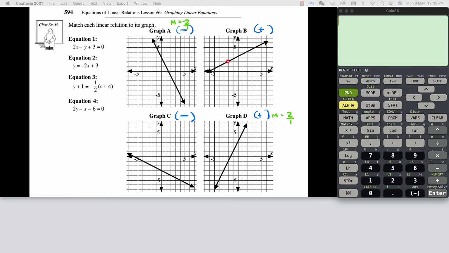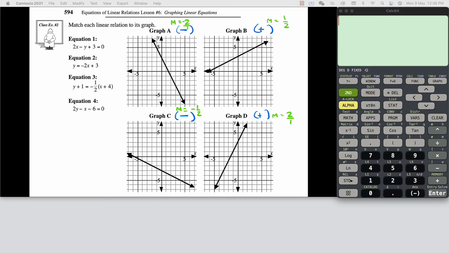Sometimes they don't cross perfectly, but it looks like it goes up 1 and over 2. So it looks like a slope of 1 over 2. Okay, let me just write that down. So slope is 1 over 2. That one's positive, so this one would be a slope of negative 1 over 2.